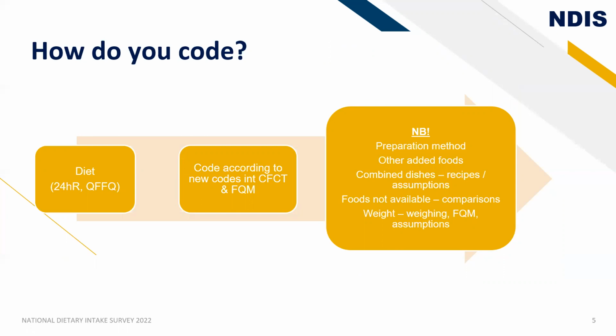So you have those two resources available, and then remember it's important to know what the preparation methods are, foods that were added, what are the combined dishes, what are the recipes for these dishes, do we need to make any assumptions for these dishes, foods that are not available, where are the comparisons, you need the comparisons for that, and then also you need the weight, and from your food quantities manual, the assumptions, or you will have to weigh it yourself.